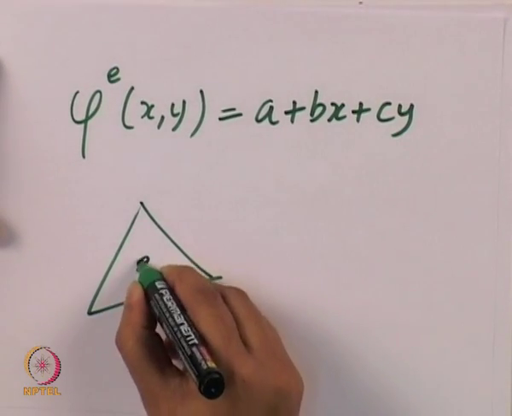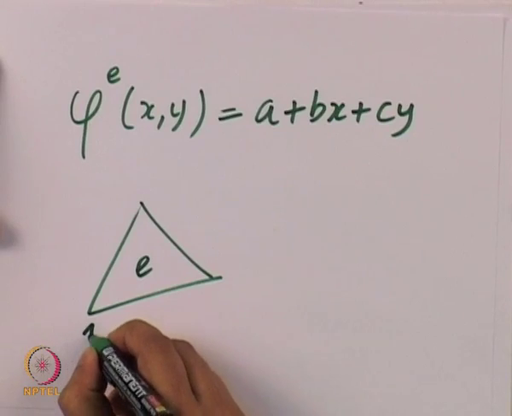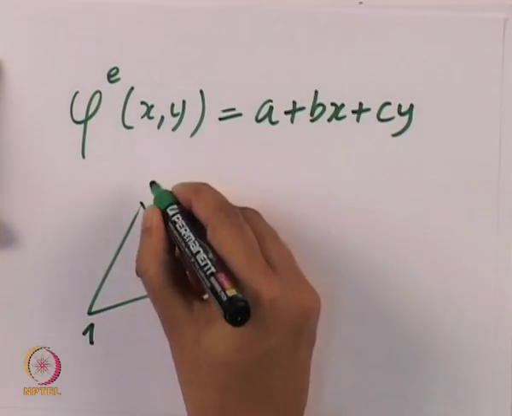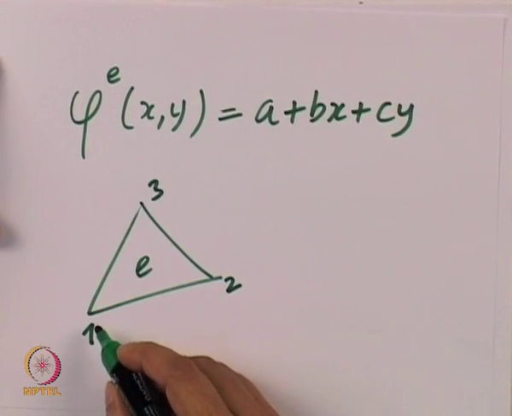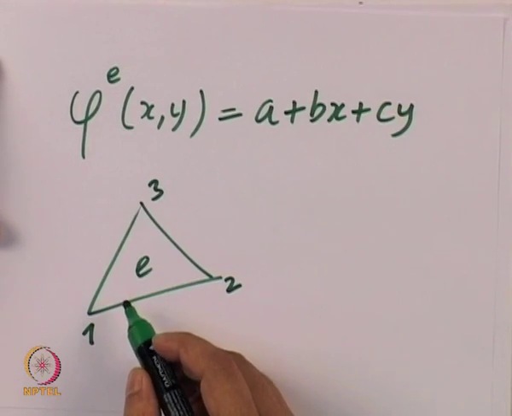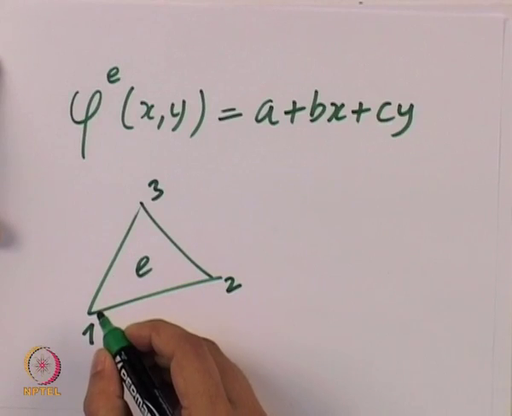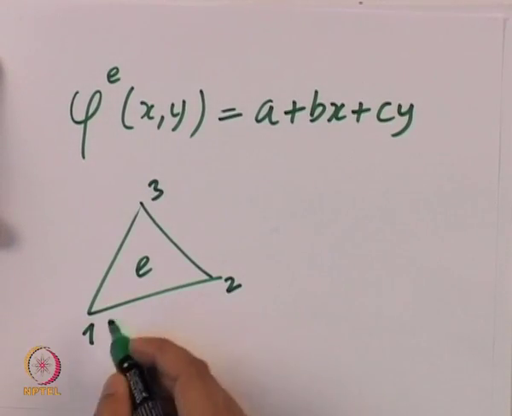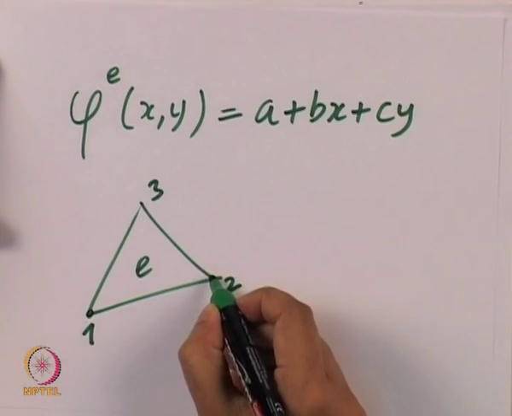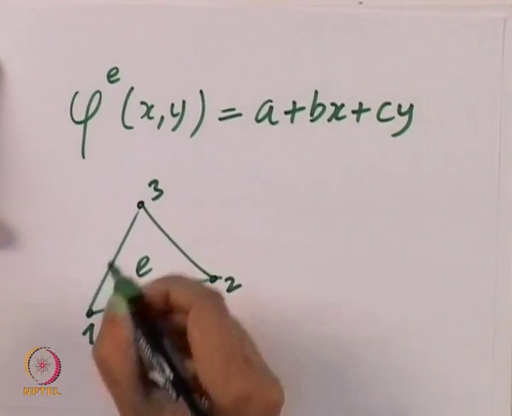So this is E, this element will have node 1, node 2 and node 3, and I am saying we are going to have linear triangular elements. So within a particular triangle we will have point 1, which is first degree of freedom, second degree of freedom and third degree of freedom.